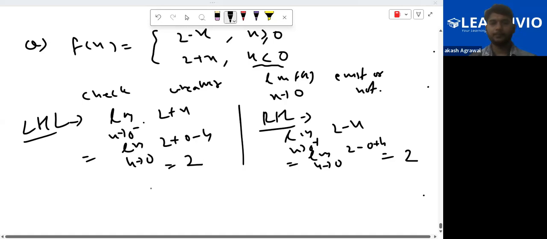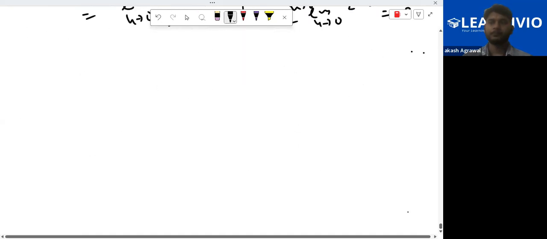Take care, guys. Sir, I have a question regarding inverse trigonometry. Okay. Sir, the question is, find the domain of 3 cos inverse 2x minus 1. Okay. Domain of this. What is the domain of cos inverse x?